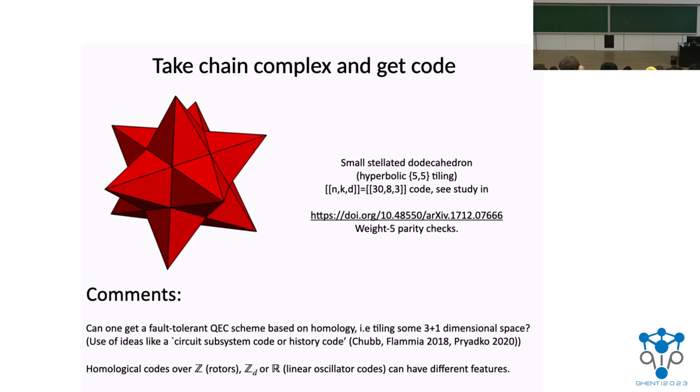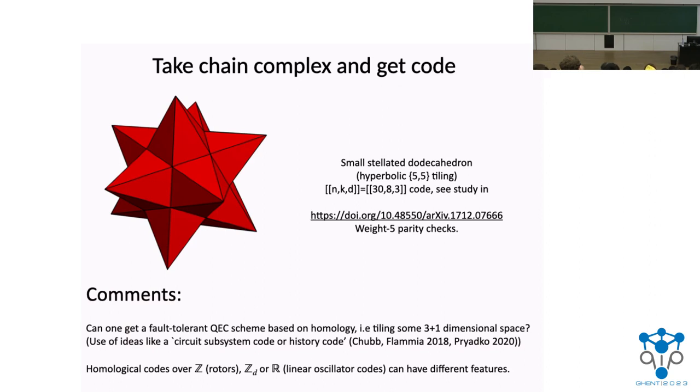These generalize CSS codes to other settings in the sense that if you do, for example, R, then you are imagining that your elementary degrees of freedom are not qubits, but are oscillators. And you can have the whole formalism back there.